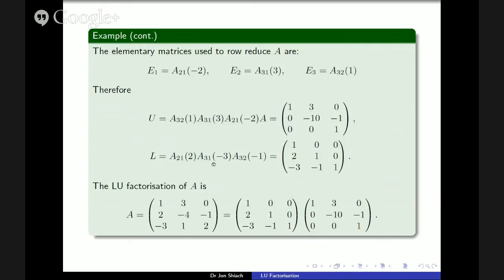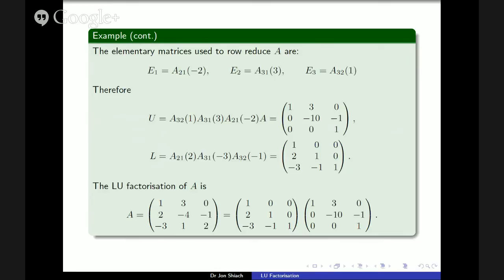This is an identity matrix with the element in the third row, first column being just -3, and similar for this one. So when I multiply these together, all I get is second row, first column is 2, third row, first column is -3, and third row, second column is just -1. That's my L matrix.